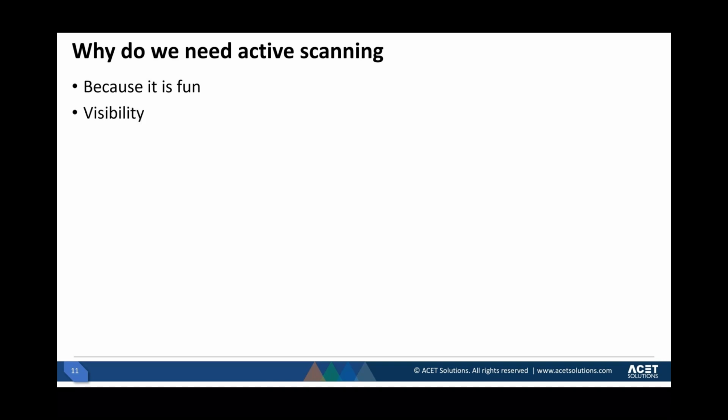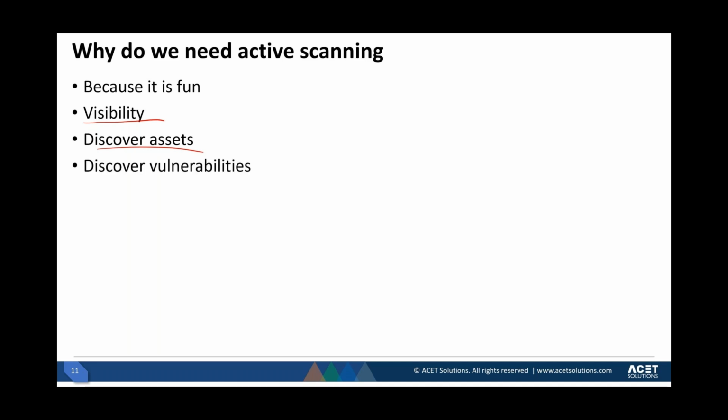So the real use cases are that you need visibility into your network. You need to, for example, discover assets that are on the network, something as basic as what IP addresses are present on the network. You may want to actively discover vulnerabilities on the network.